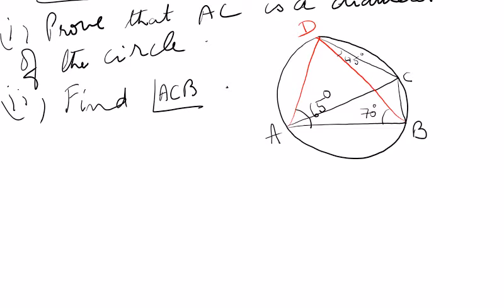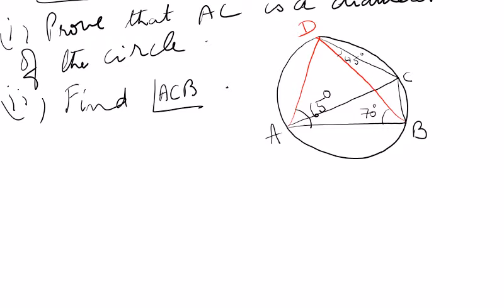Now we have to prove that AC is a diameter of the circle, and then we have to find angle ACB. Now in order to prove that AC is a diameter, we have to prove angle ADC is a right angle. Then only we can say that angle in a semicircle is 90 degrees. Therefore AC has to be a diameter, so that ADC is a semicircle. Are you getting my point, children?